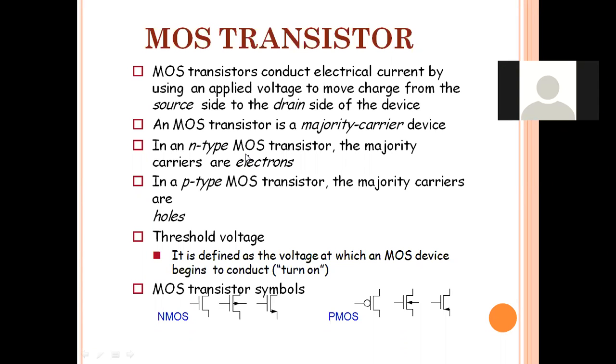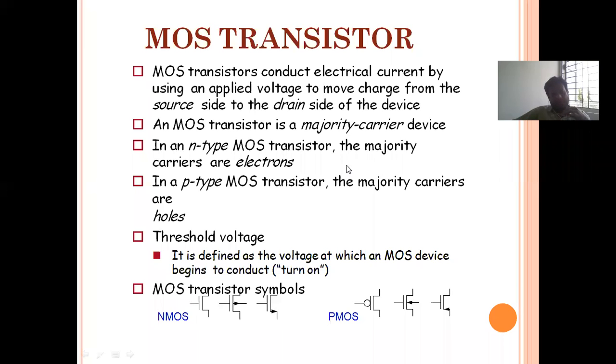The enhancement MOSFET is called a turn-off device, and the depletion MOSFET is a turn-on device, because initially the channel is present in the depletion MOSFET. So when we apply zero voltage, current starts flowing through that device.